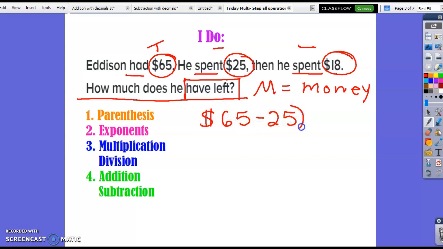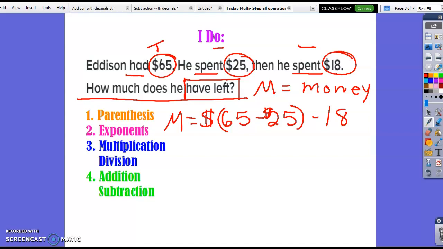I'm going to go ahead and put parentheses around that so that I know that that's what needs to happen first. And then once I get that, I'm going to subtract another $18. Once I get these completed, then that gives me my M. So there is the expression. This is the first part. I'm going to create my expression to find my variable, my M.